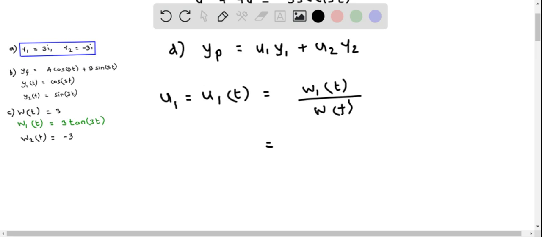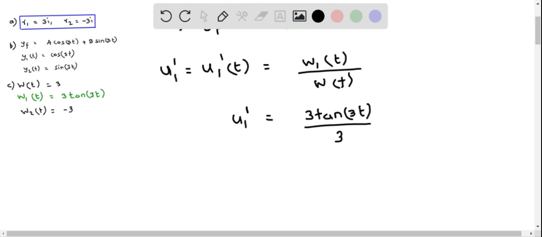That is, replace W1 of t by 3 tangent 3t divided by W of t, which is 3. This one is basically u1 prime of t. So here we have obtained u1 prime equals 3 tangent 3t over 3.